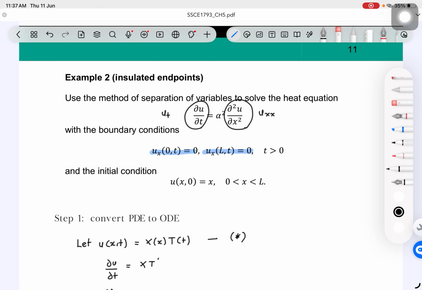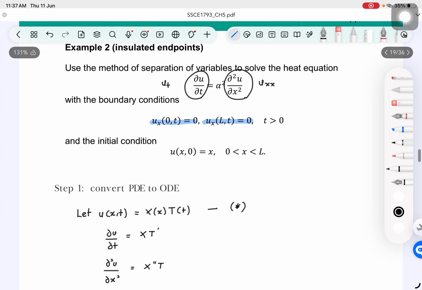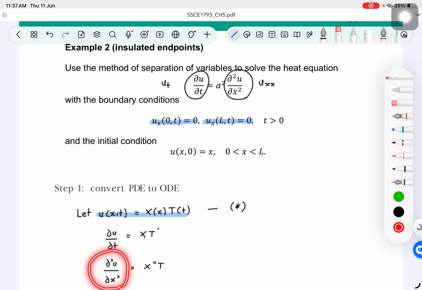Now, the first step is you need to let u(x,t) equal X(x)T(t). We denote it as star here. From the question you need to find ∂u/∂t, and then ∂²u/∂x². So we get it like this.